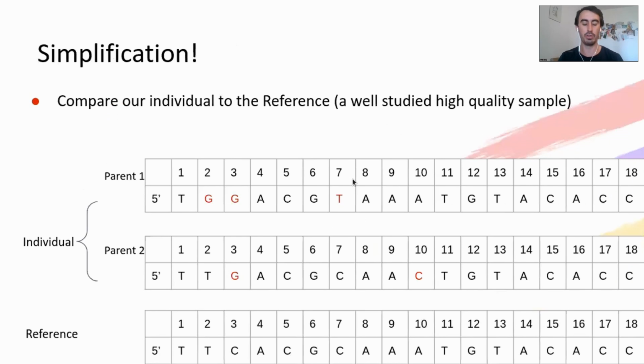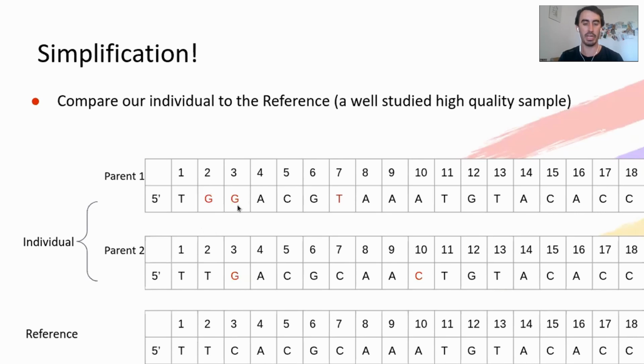So in the cartoon version of it, because I've split it up into the genetic material inherited from one parent and the other, we can see that from one parent in position 2, we are inheriting a G, and parent number 2 is contributing a T at this position, and the reference has a T. So this means that in one of our 2 positions, we see what we expect, and in the other, we see something new. And so this would be a heterozygous change.